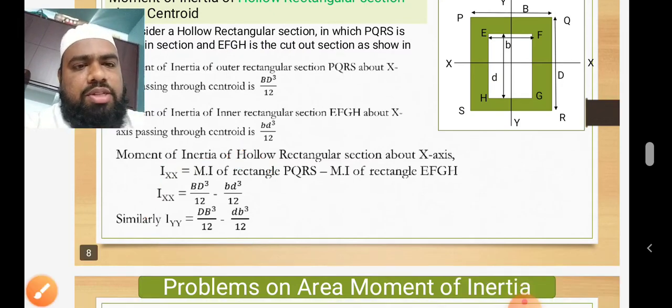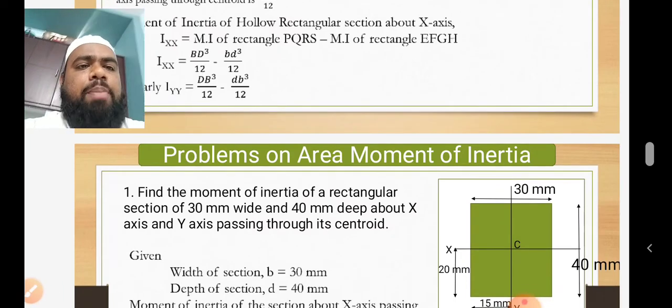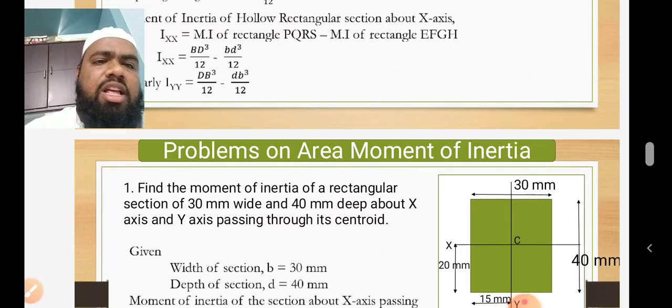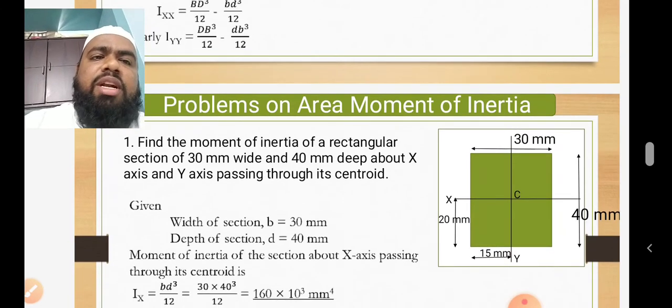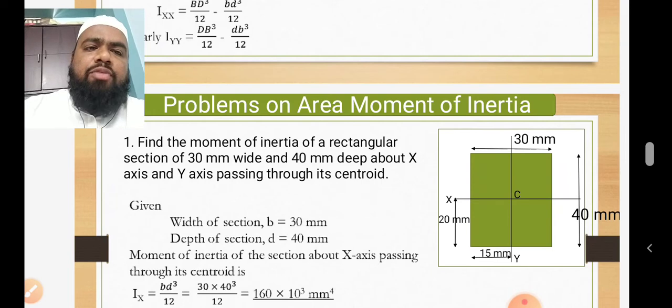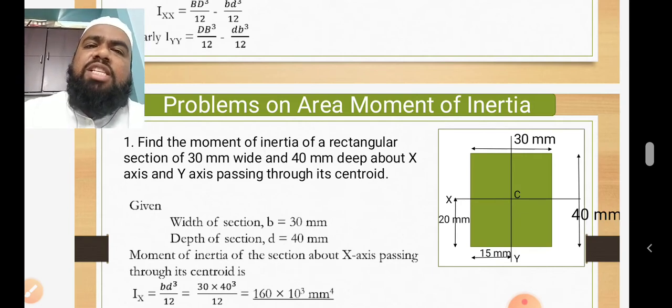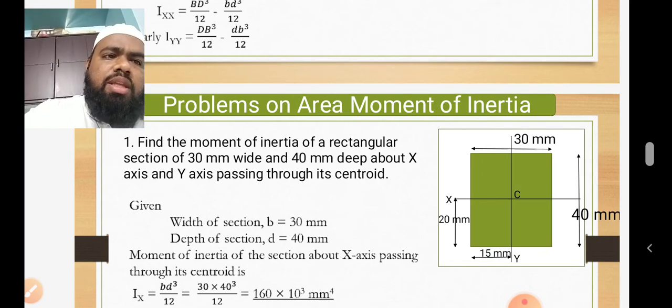So do problems, right? Now we'll do a problem, then you will get an idea, problems on area moment of inertia. Clear? So we'll do the first problem. Find the moment of inertia of a rectangular section 30 mm wide and 40 mm deep about the x-axis and y-axis passing through its centroid. Now in the previous theorem, the base is B and the depth is D. So now we have values: the base is 30 millimeters and the depth is 40 millimeters.